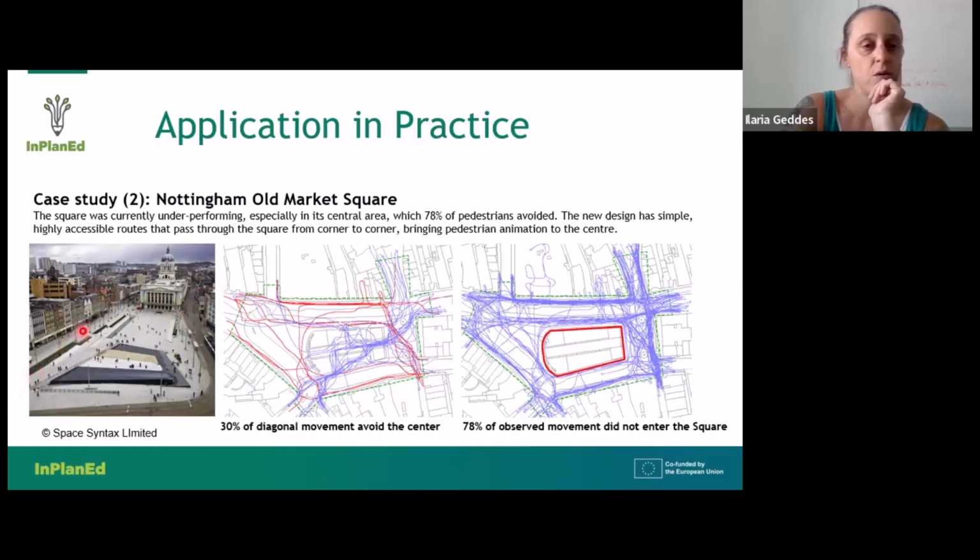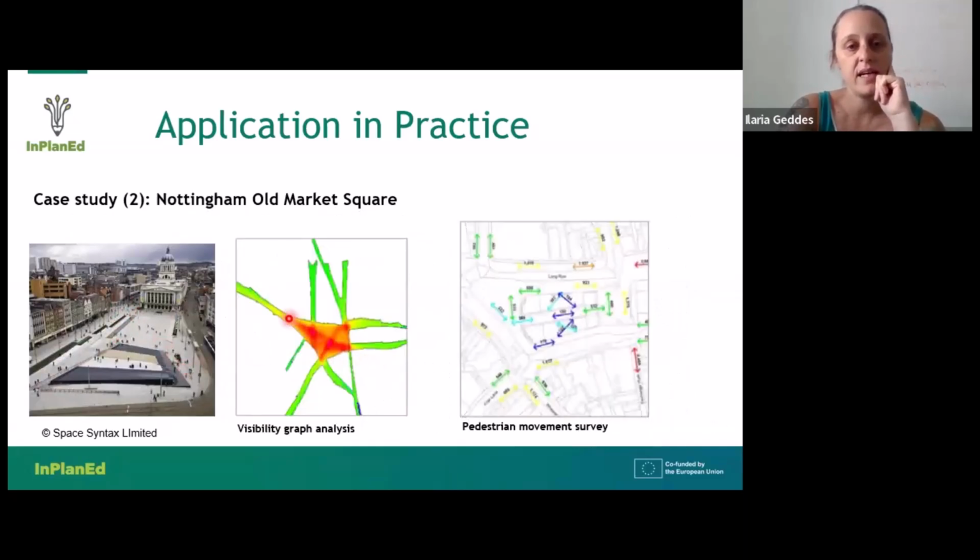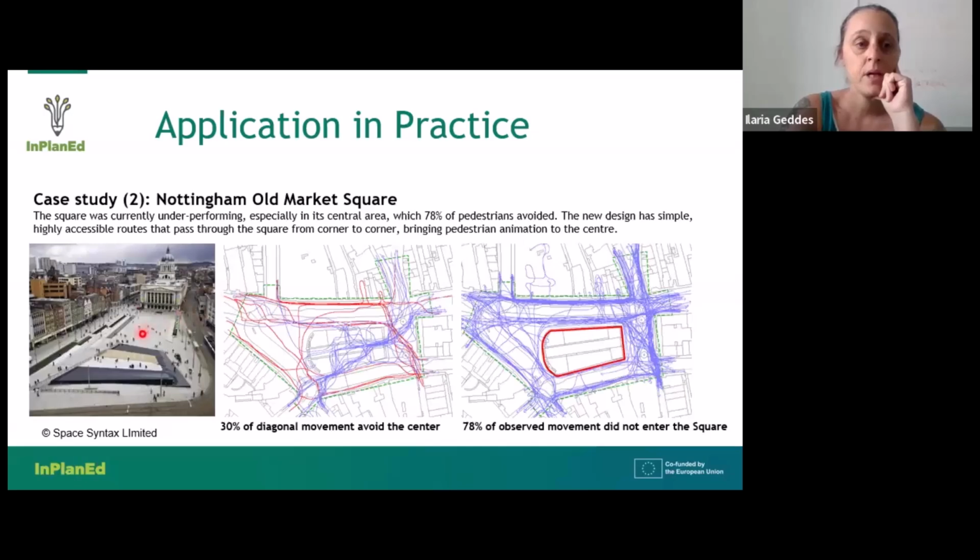They pedestrianized the long end and they created this diagonal across the square, a long diagonal and a shorter one, which you can see actually correspond to these two diagonals of high visibility. And that is the result, basically. And now most people actually move along those diagonals in the square.